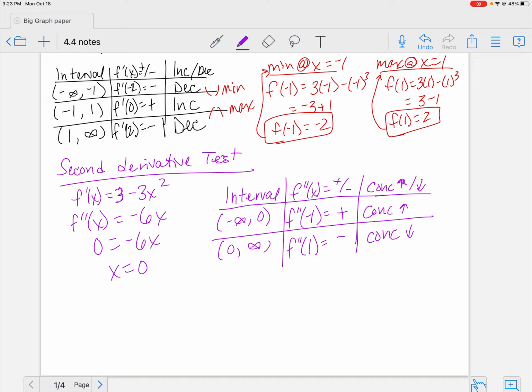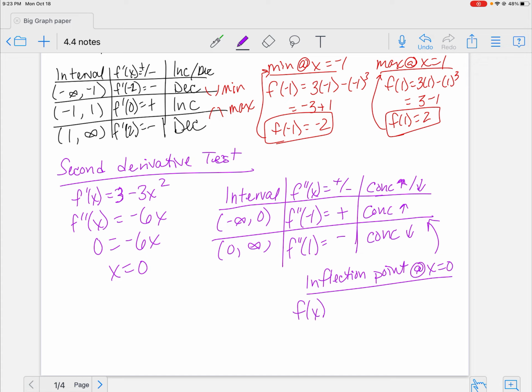That's concave down. When you change concavity, what do you get? Yes, an inflection point. So if I change concavity, that's where you get your inflection point. And I'm going to get an inflection point at x equals 0.